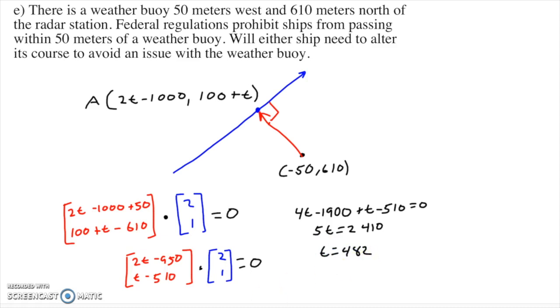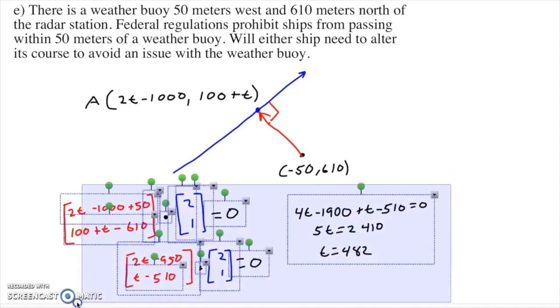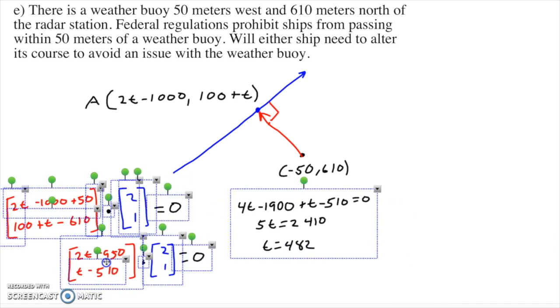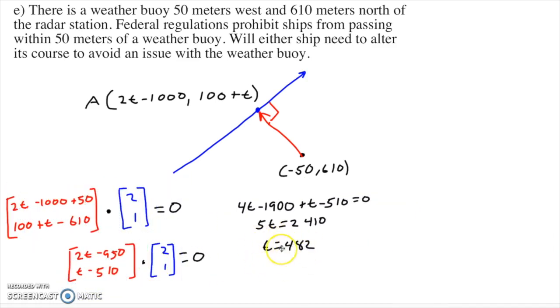Nice round number. I'm going to just scooch all of this over to the left because I'm going to run a little short on space on the right hand side. So this is the time when the minimum distance occurs. Now I need to figure out what that minimum distance is. For this one we have to work a little bit harder. So the distance is still going to be the square root of my delta x squared and my delta y squared. But what is delta x this time?